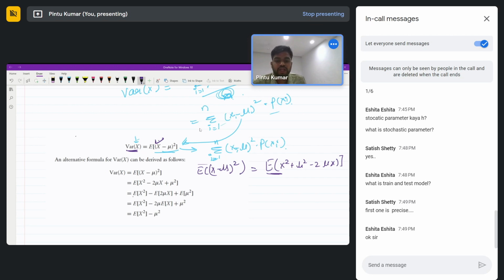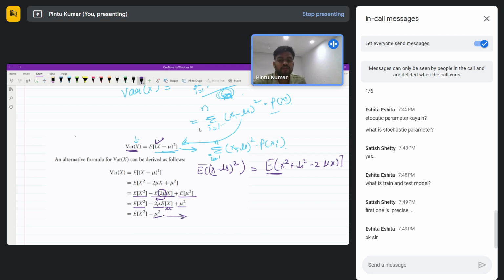So you get expectation of x square minus expectation of 2 mu x plus expectation of mu square. This 2 mu is a constant value, that's why it comes out of the expectation, and you get 2 mu expectation of x plus mu square. This value is again mu, so this becomes minus 2 mu square plus mu square, which is minus mu square.